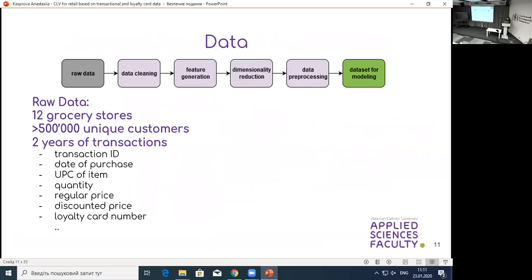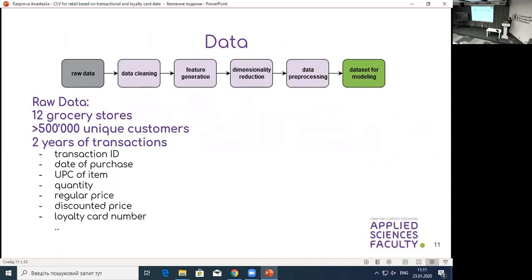All right, so what kind of data did we use in the research? The data was provided by an industrial partner, and since my supervisor and I signed an NDA with this company, we cannot disclose any personal information.